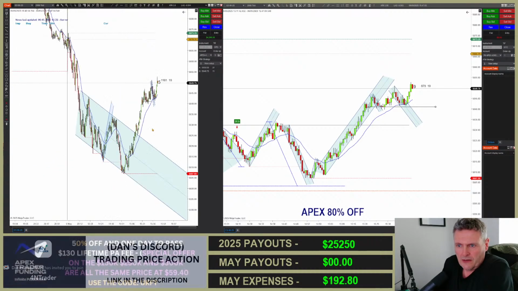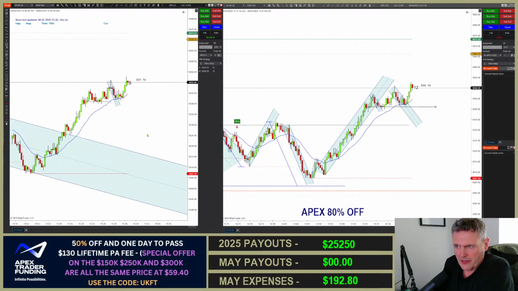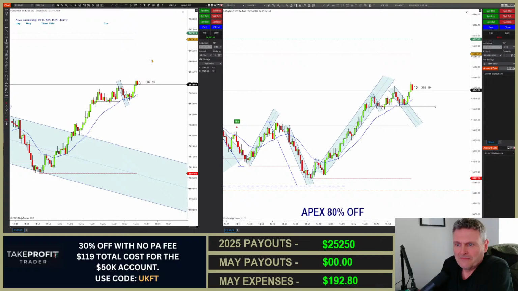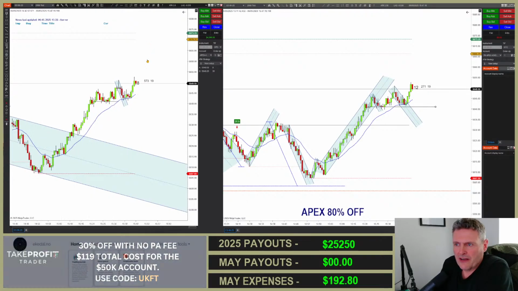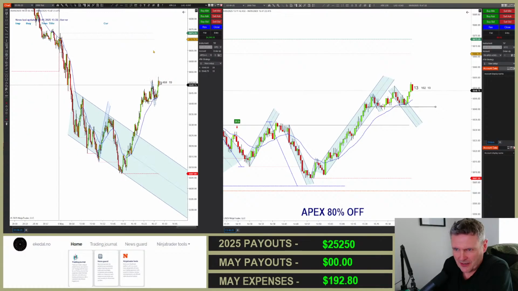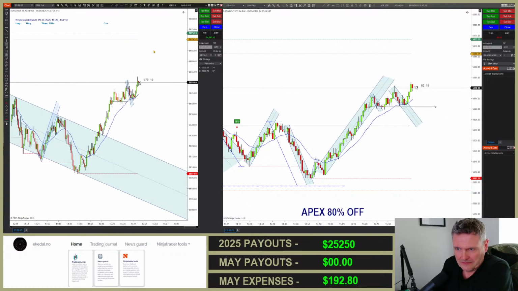So is this going to push up for more? I think it may do. Yeah, it's only an eval. Don't panic. I haven't traded on my normal account. It's only an eval.